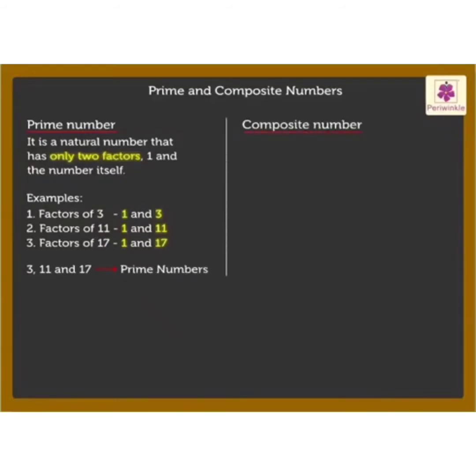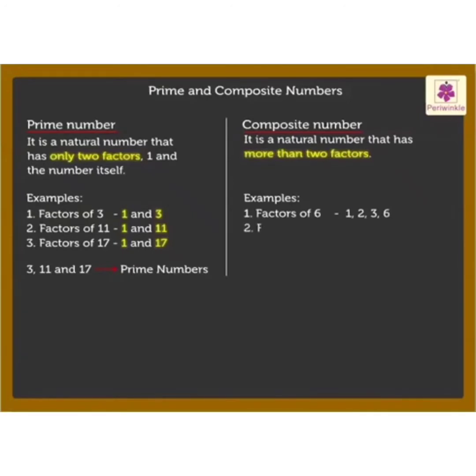A composite number is a natural number that has more than two factors. Look at these examples. The factors of 6 are 1, 2, 3 and 6. The factors of 14 are 1, 2, 7 and 14.